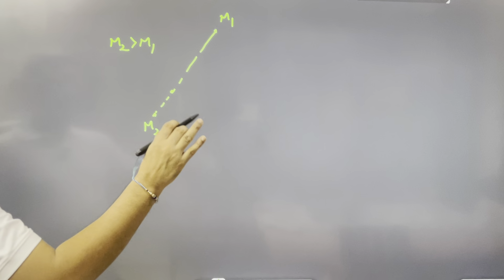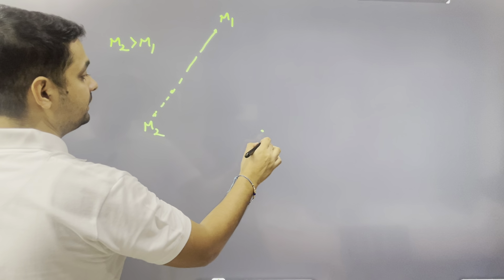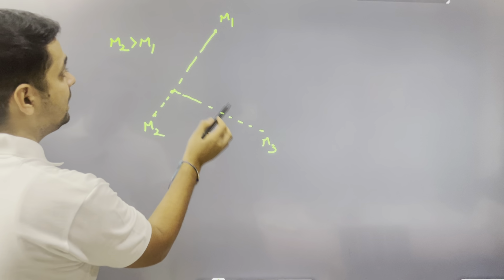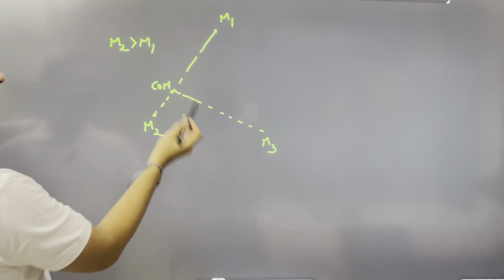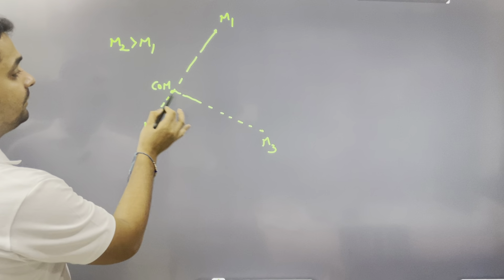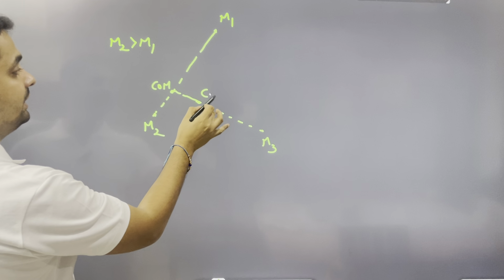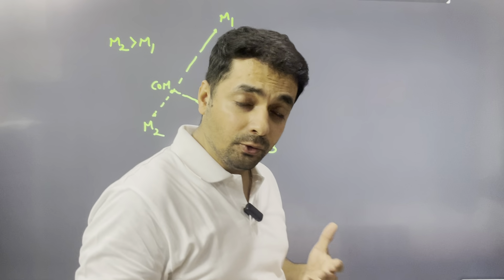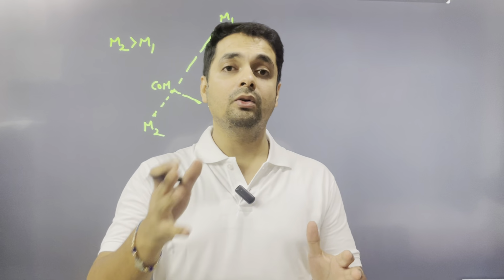Now if I add a third point mass M3 here, then because the center of mass of M1 and M2 was here, the new center of mass will lie somewhere between these two points, maybe here. So the center of mass can be shifted if you add or remove mass from the system.